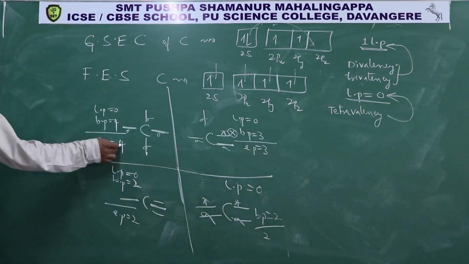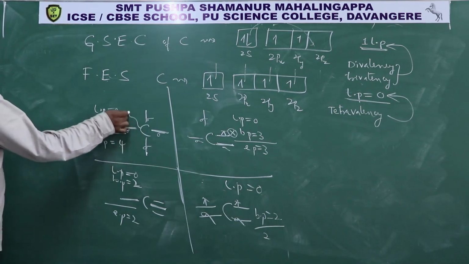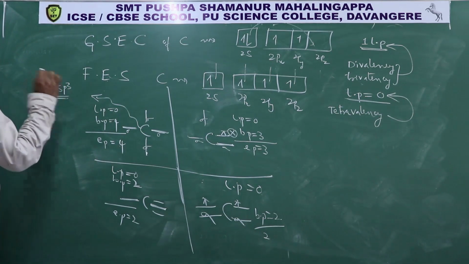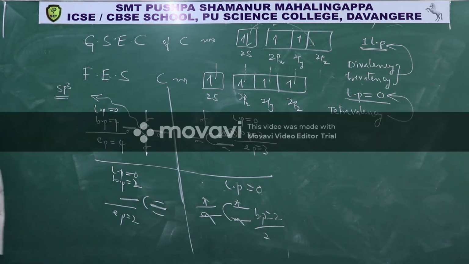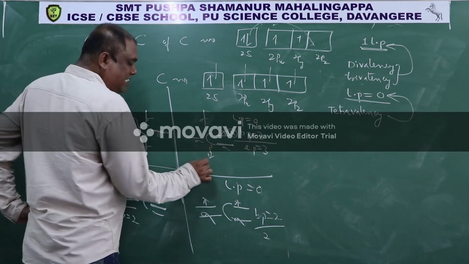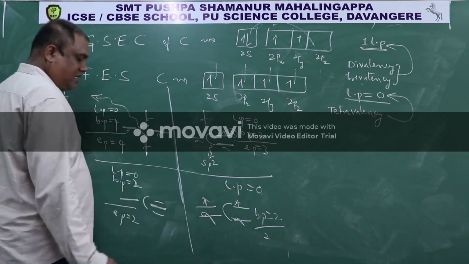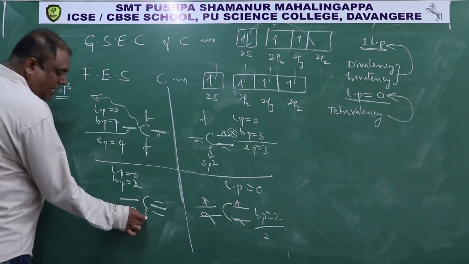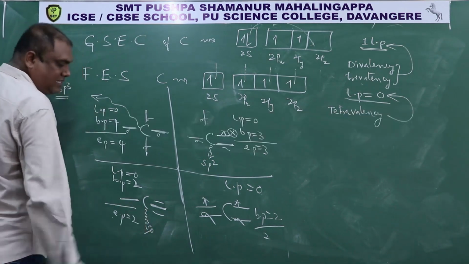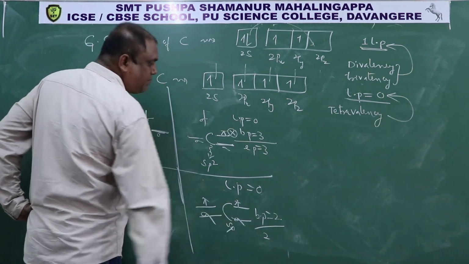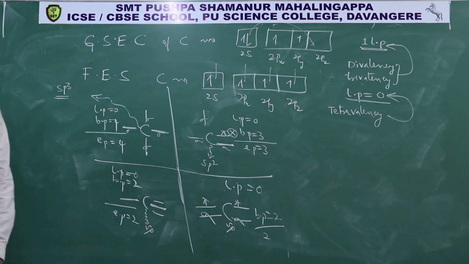Whenever number of electron pairs are 4, then that carbon undergoes sp3 hybridization. When number of electron pairs are 3, then that carbon undergoes sp2 hybridization. When number of electron pairs are 2, then that carbon undergoes sp hybridization. When number of electron pairs again 2, this carbon undergoes sp hybridization.